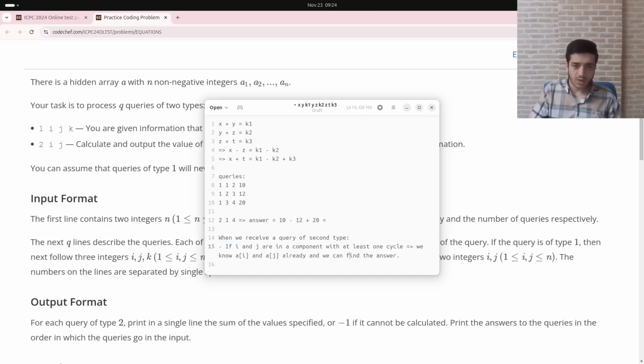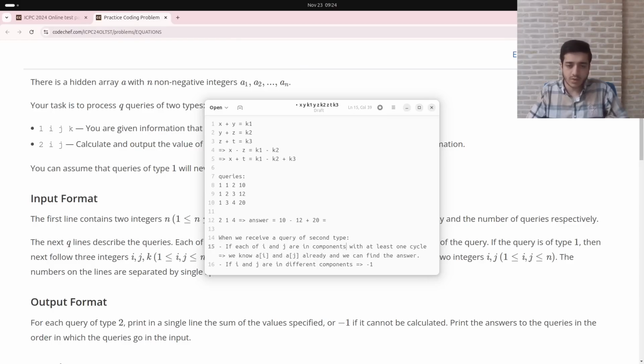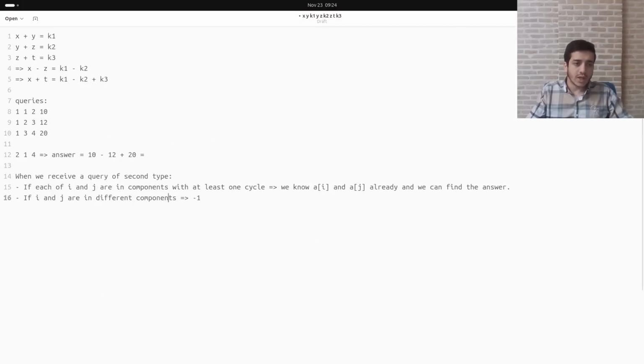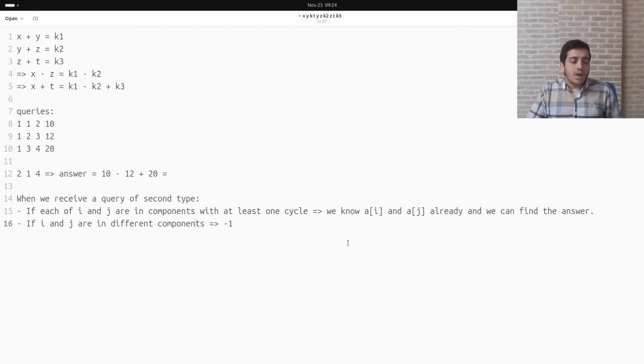So if each of i and j are in components with at least, okay, so it's like this. If we already know the value of A_i and A_j, we can easily find the answer: A_i plus A_j, we can calculate it.